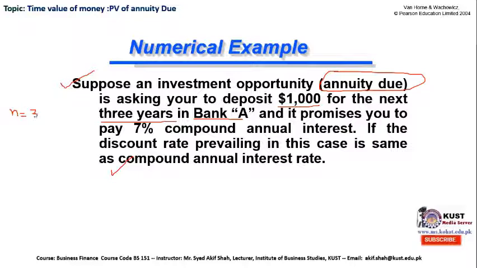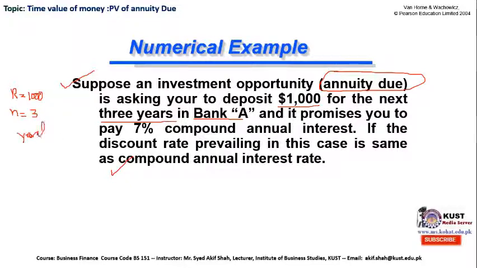The number of years you are required to pay out the same equidistant payment is 3. And the payment which you are going to invest in this annuity is $1,000. And the equidistance is on a yearly basis.